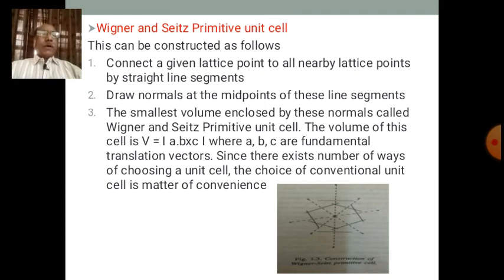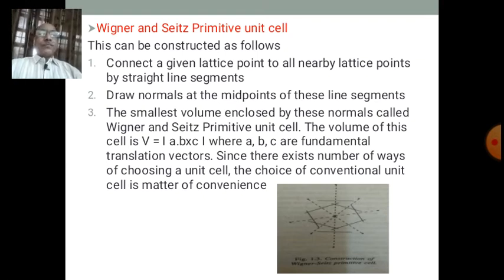Then what we have to do? Draw normals at the midpoints of these line segments. Draw perpendiculars at the midpoint of these line segments, isn't it?